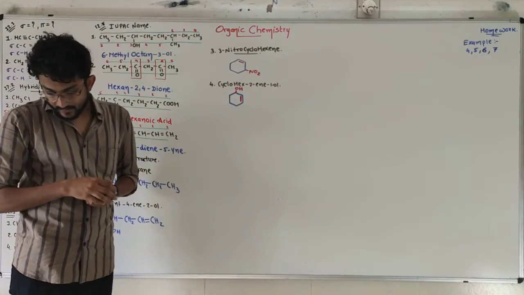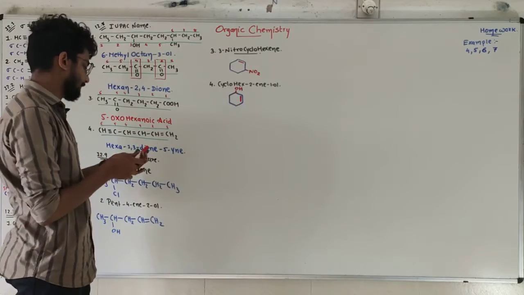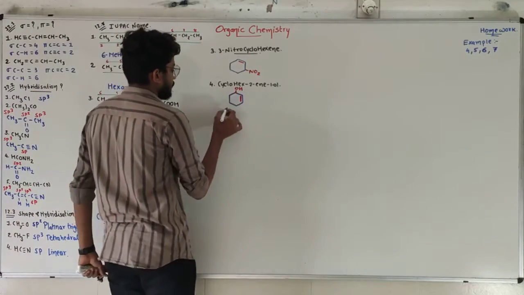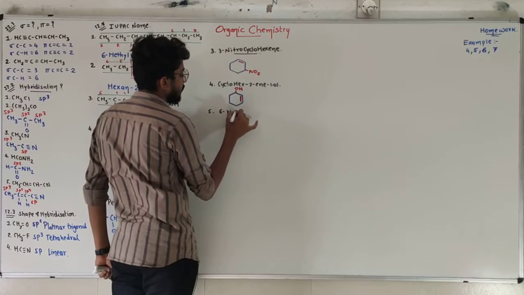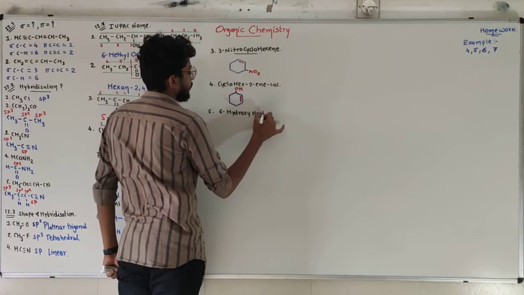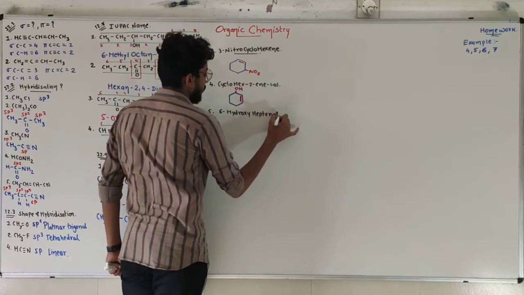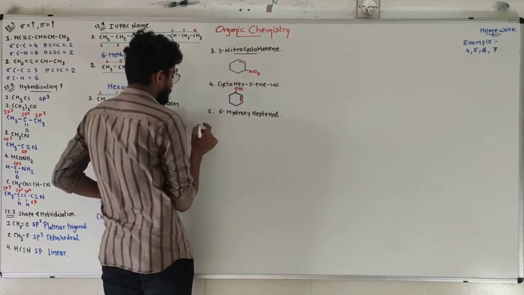After that, our next compound is 6-hydroxyheptanal. So the fifth one, 6-hydroxyheptanal. Okay, let's draw this. Heptanal in the sense seven carbons.